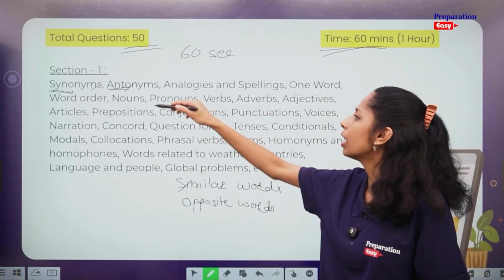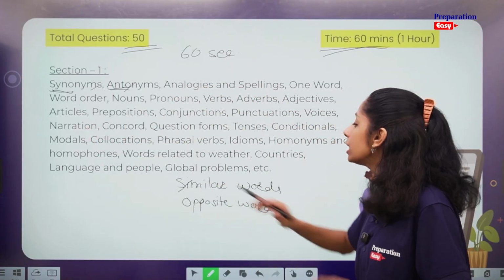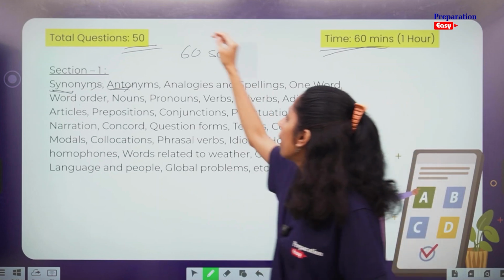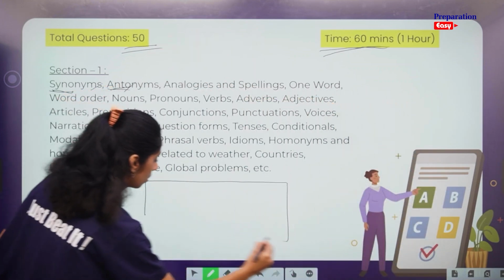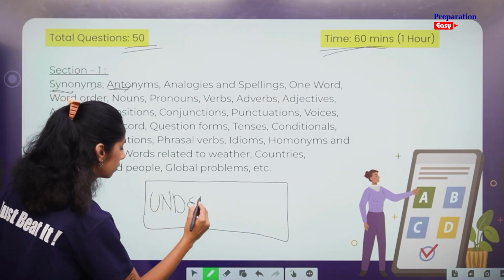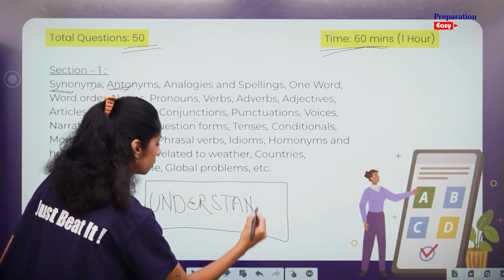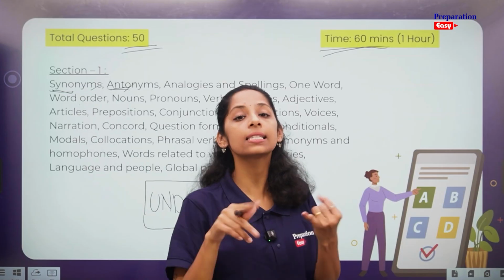So similarly, this is only the first and second topic, but we are going to understand each and every topic. And while preparing for this exam, my mool mantra for this exam is understand. So what we are doing right now is we are going to understand the syllabus.